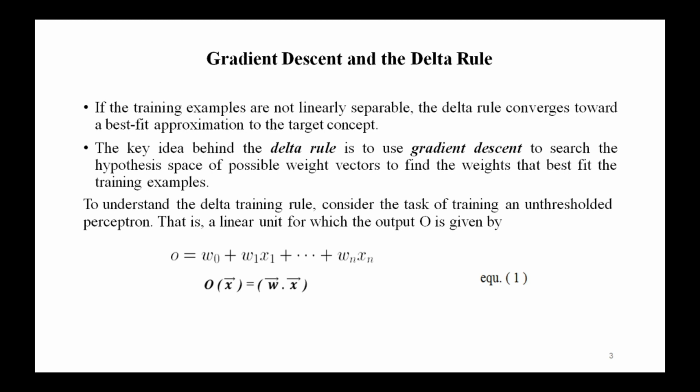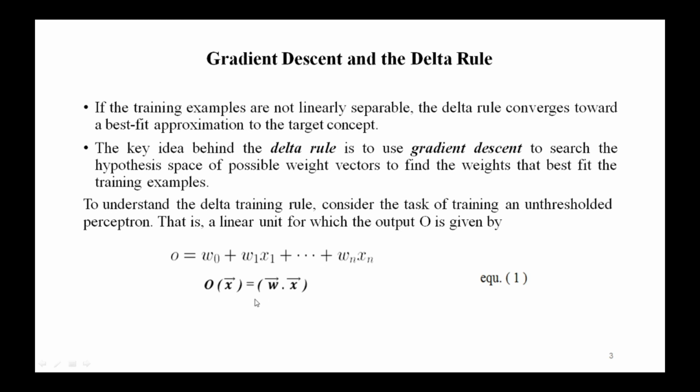The delta training rule is best understood by considering the task of training an unthresholded perceptron, that is, a linear unit for which the output O is given by this formula: O equals w0 plus w1 x1 plus up to wn xn.